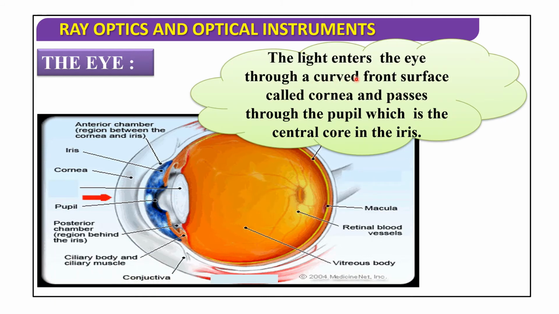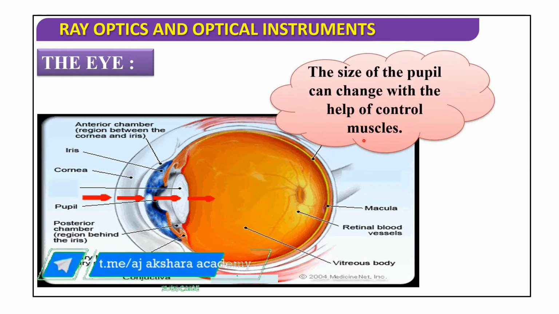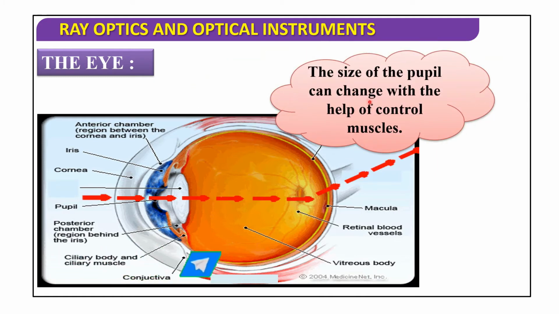The light enters the eye from a curved front surface called the cornea, and passes through the pupil, which is the central core of the iris. The iris enables the pupil to control the aperture for viewing the object. The size of the pupil can change with the help of control muscles.